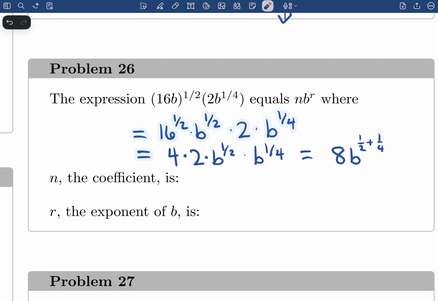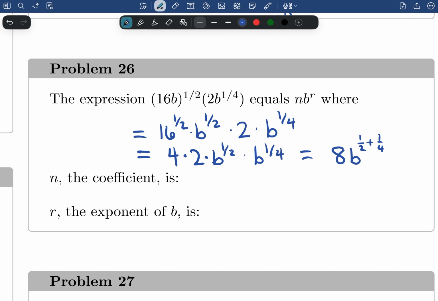So at this point, we're going to add 1/2 plus 1/4 for the exponent, and 1/2 plus 1/4 is 3/4. Great. So in the coefficient, looking at n here, that is 8. So that's my answer, 8.